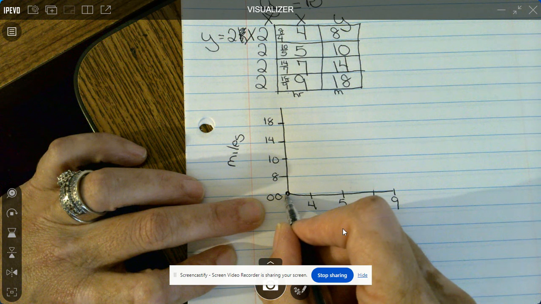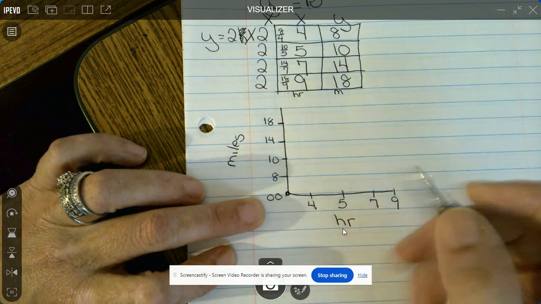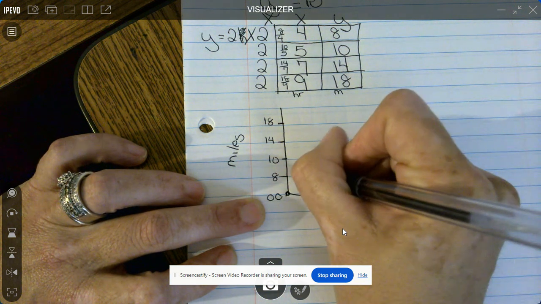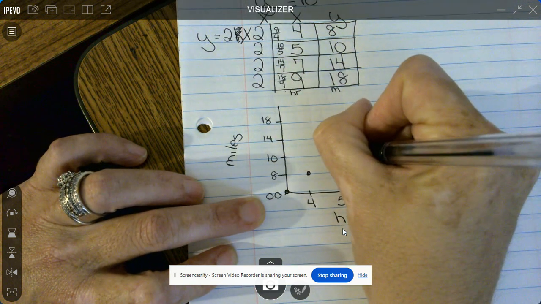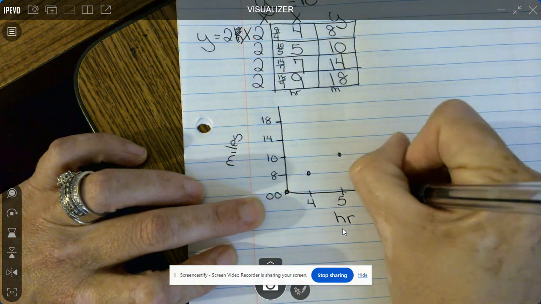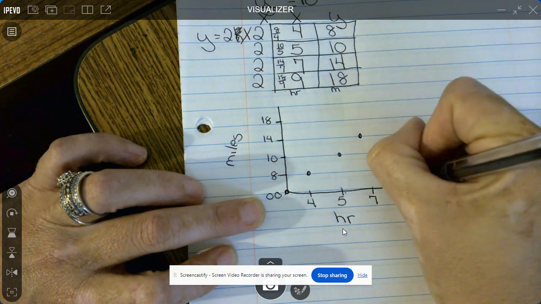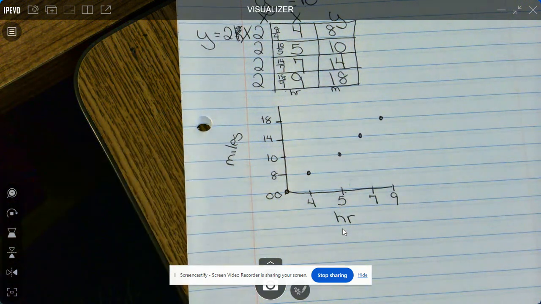That means you're just standing at the start line. Here, if you were to walk 4 hours, 8 miles. In 5 hours, I can walk 10 miles. In 7 hours, I can walk 14 miles. In 9 hours, I can walk 18 miles. Does that make sense?